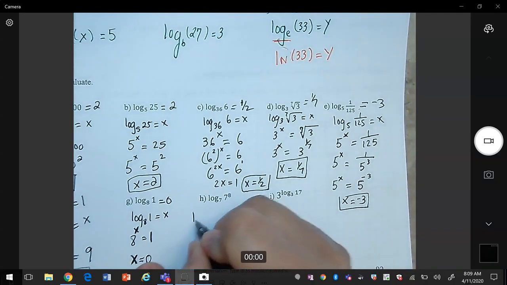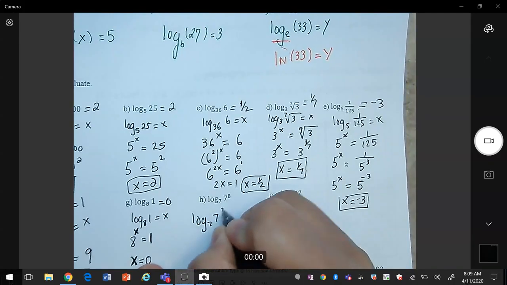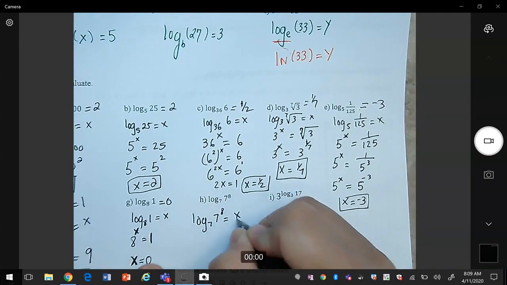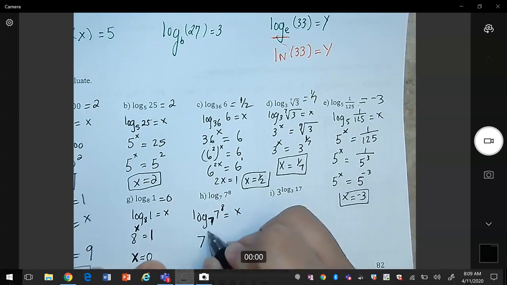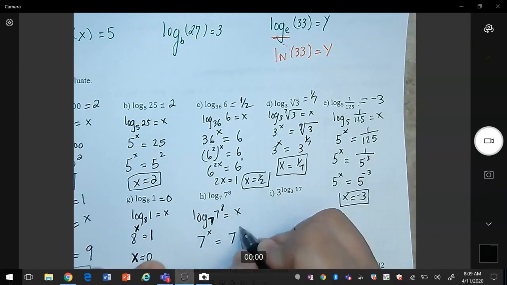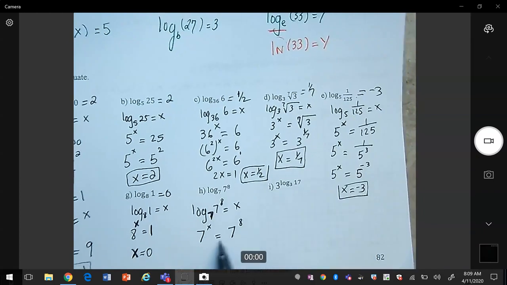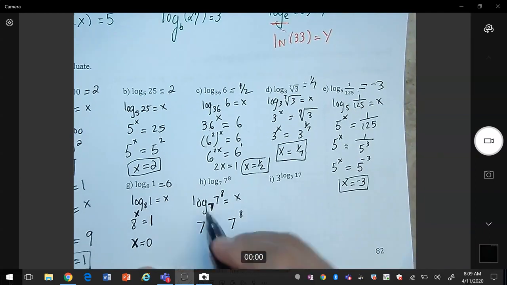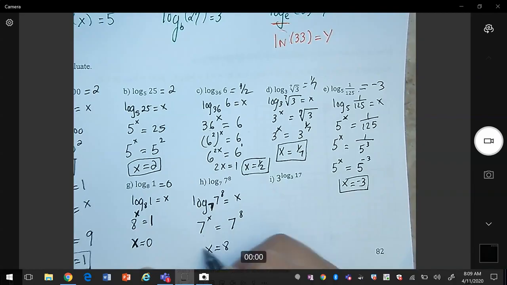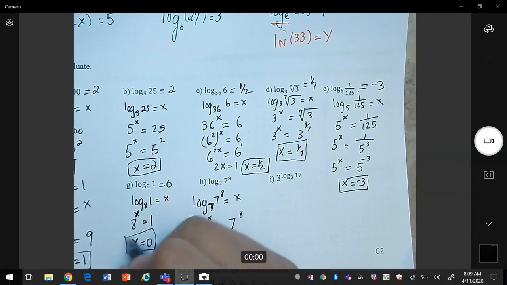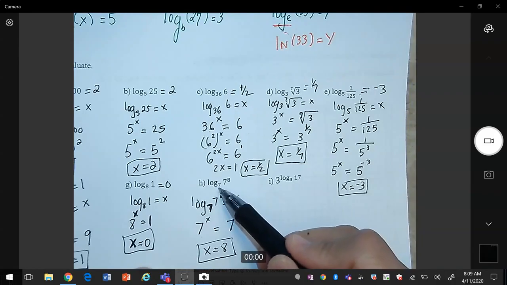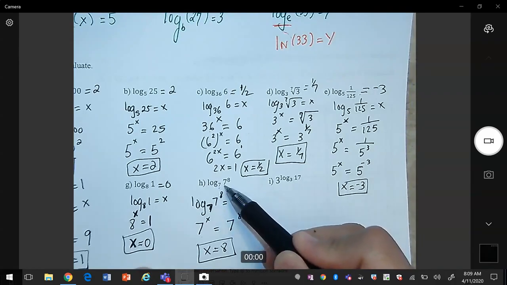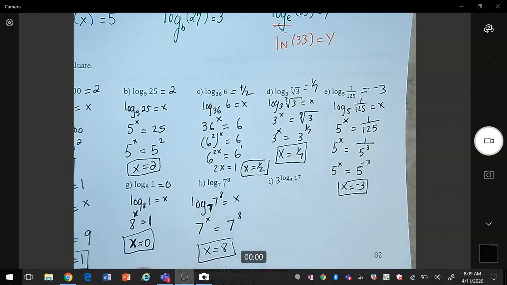And then on the next one we have log base 7 of 7 to the 8 is equal to some number, x. So if I change this to exponential, my base is 7. So here you can see the bases are the same. So x is going to be equal to 8. Notice that the base and this number, which is then raised to another number, are the same, 7 and 7.